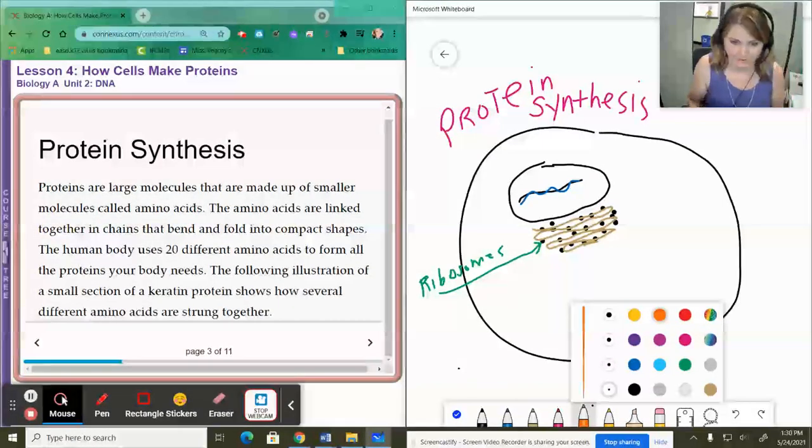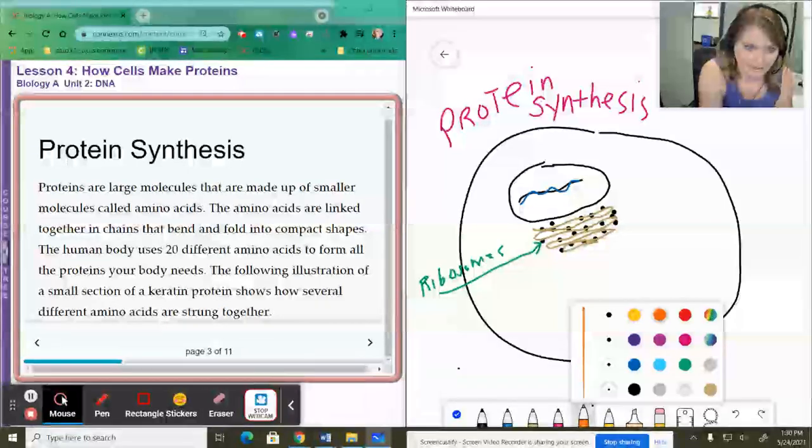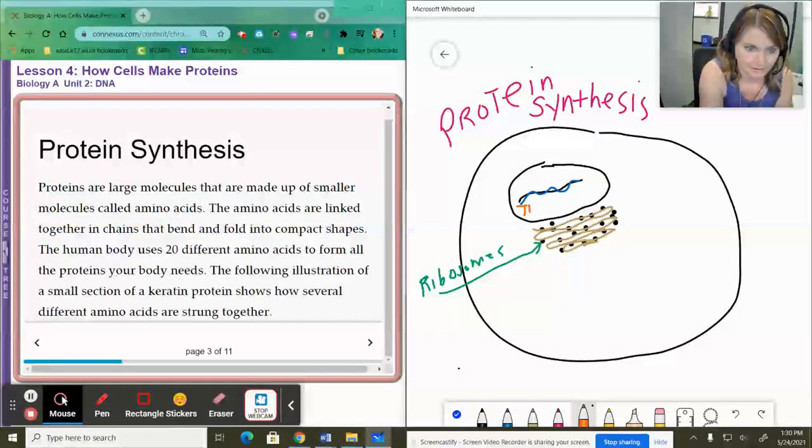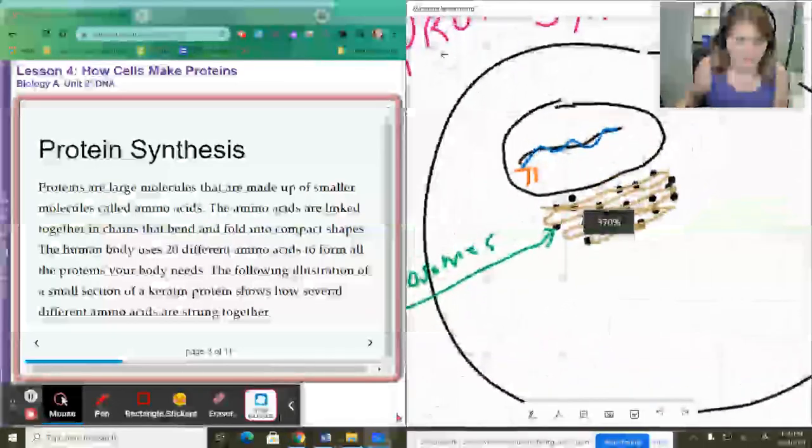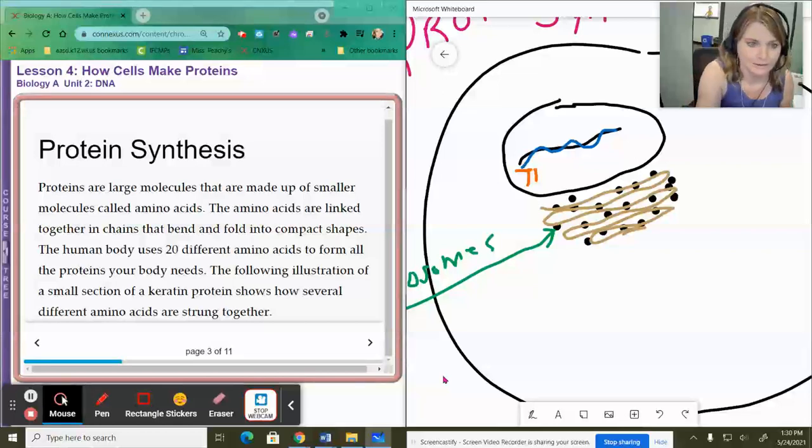I doubt it, because I'm really bad at writing tiny on this thing. I'm going to zoom in and see if I can. The problem is when you zoom in, sometimes your writing gets really fat too.